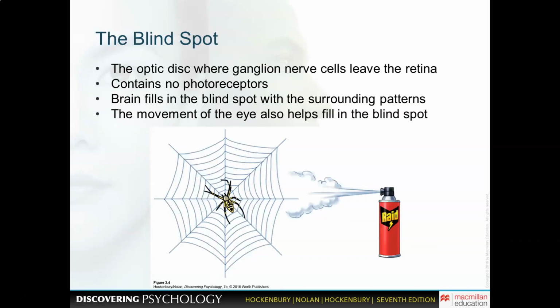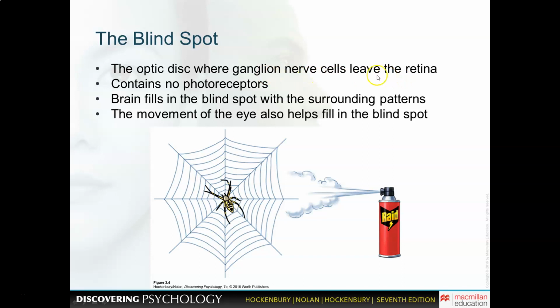So also in our basic field of vision, we have what's called a blind spot, and that's basically where it contains no photoreceptors. They call it the optic disc, where the ganglion nerve cells leave the retina.